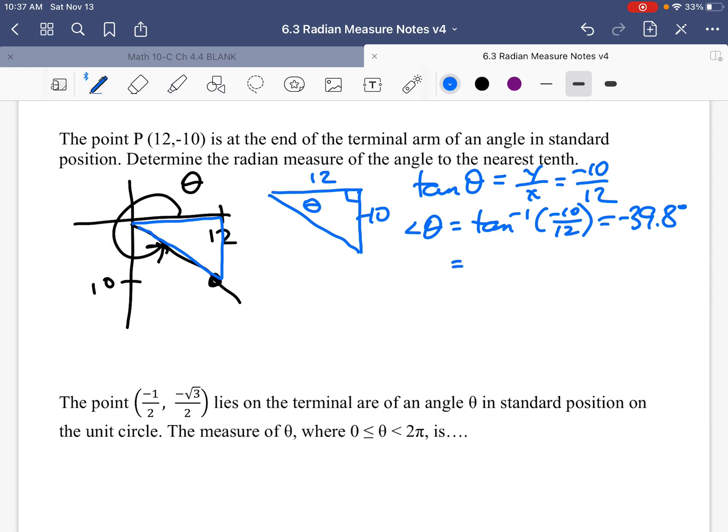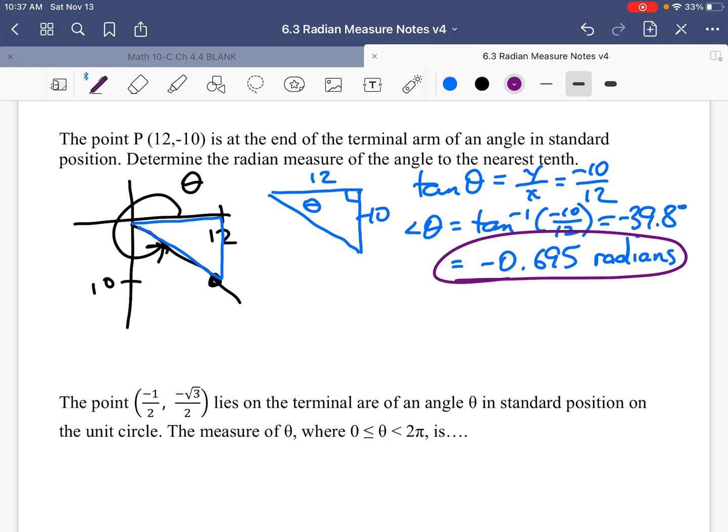Now, converting that into radians, that becomes minus 0.695. I'm not going to show you multiply by pi and divide by 180 degrees. With 39.8, you're not going to get an exact value. Now, what's the radian measure? So here's the problem.